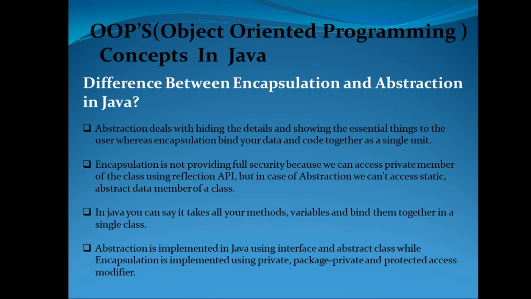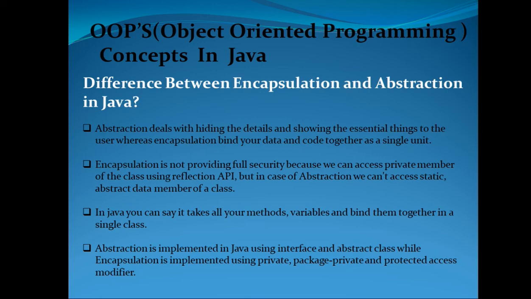Difference between encapsulation and abstraction in Java. Abstraction deals with hiding the detail and showing the essential things to the user, whereas encapsulation binds your data and code together as a single unit. Encapsulation is not providing full security because we can access private members of the class using reflection APIs, but in case of abstraction, we can't access abstract data members of the class in Java.